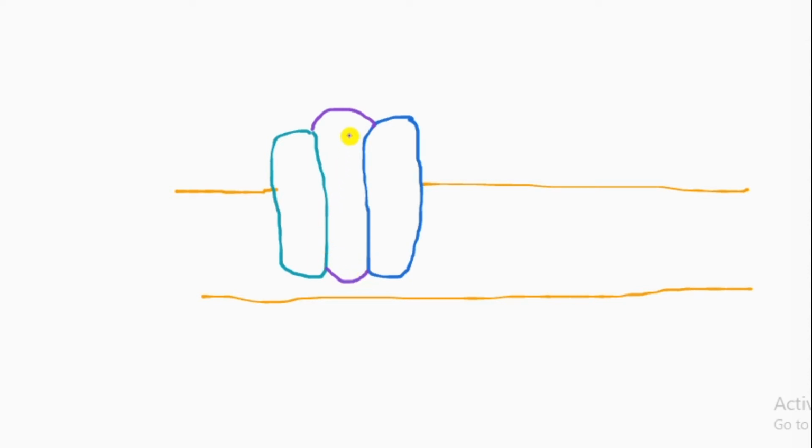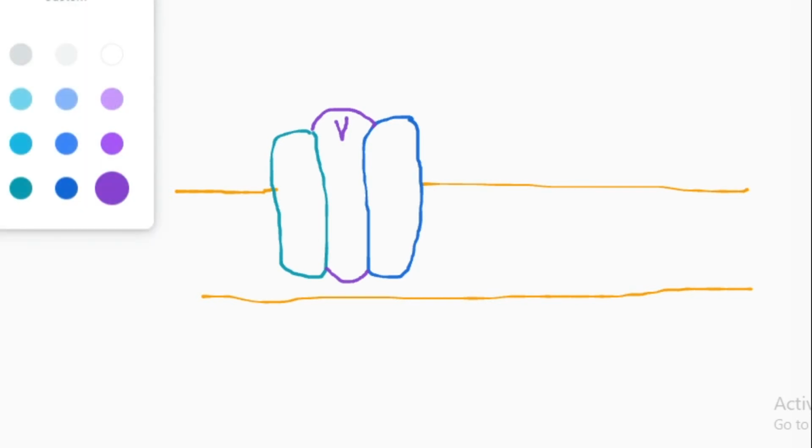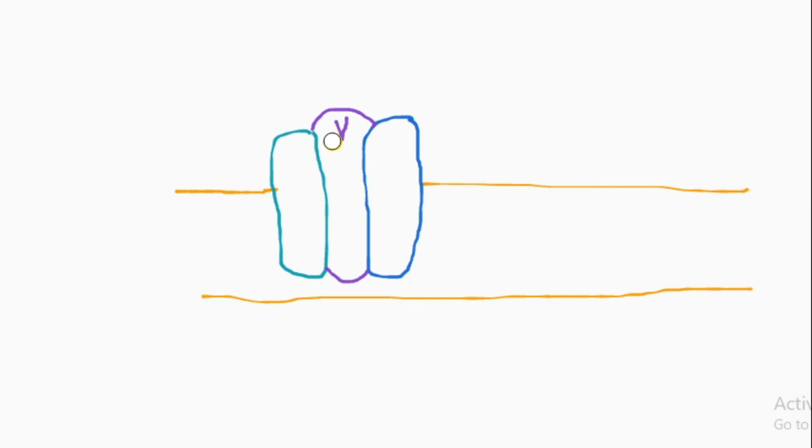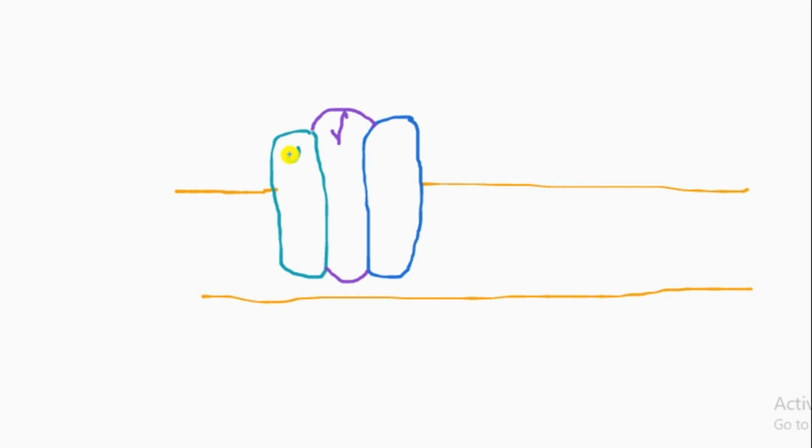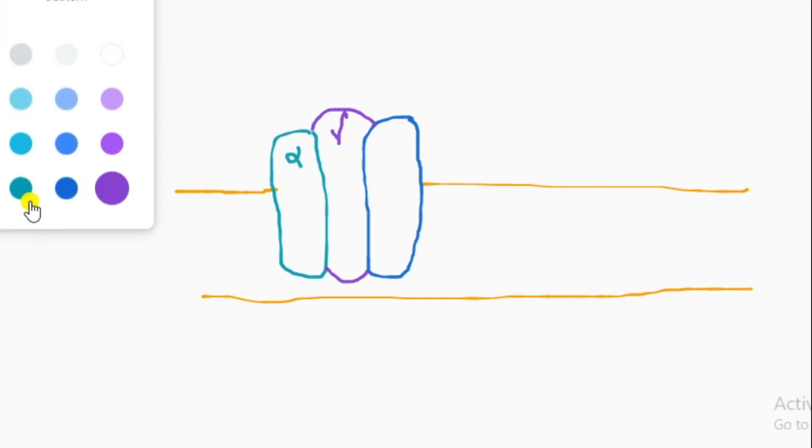Also delta. In some receptors we have gamma, and in some receptors we have delta. This is alpha and beta.